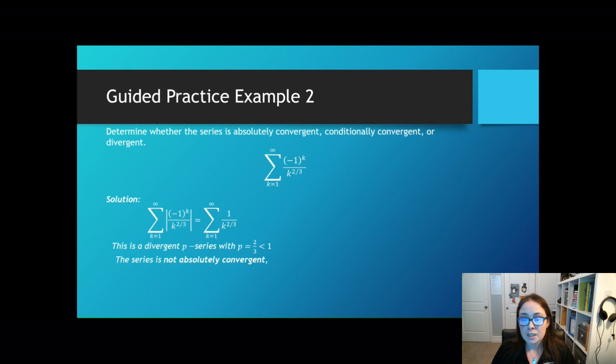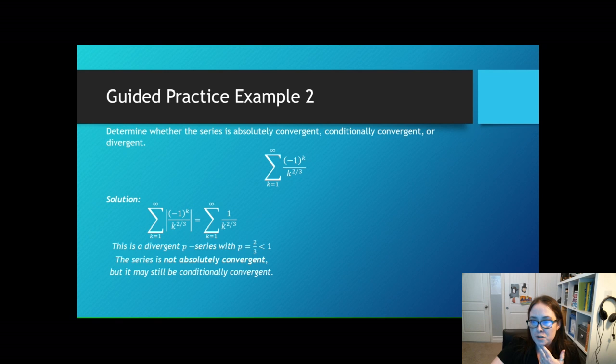But it could still be conditionally convergent, meaning maybe the absolute value didn't converge, but maybe the original series does converge. So that's what we're going to do now: go back to the original series and test whether it converges or not. If it doesn't, then the series is divergent.